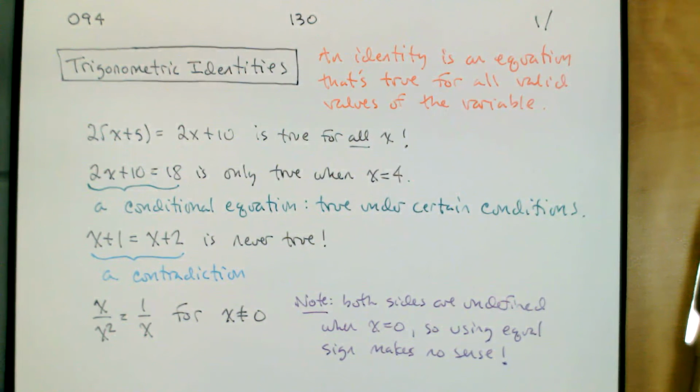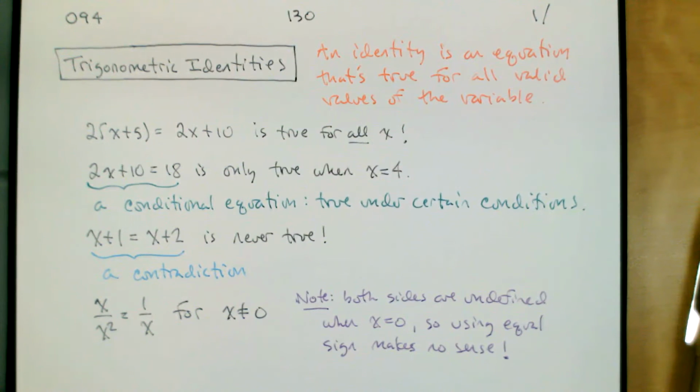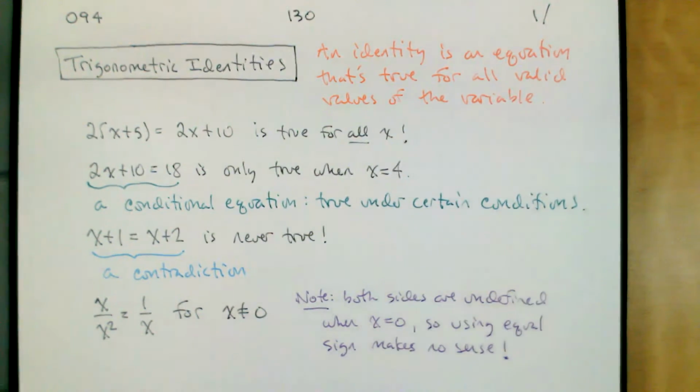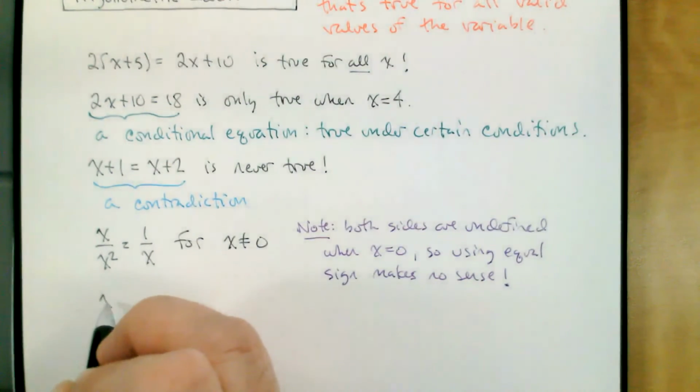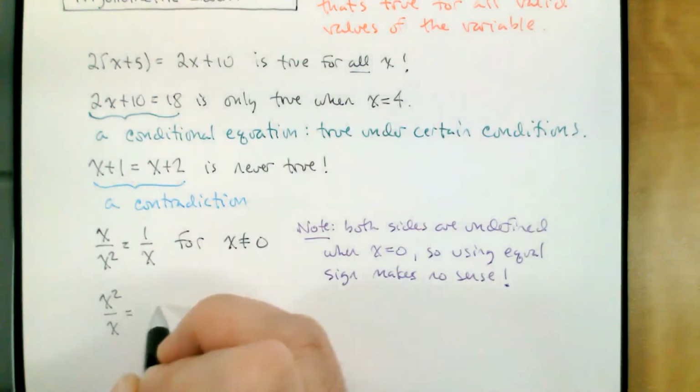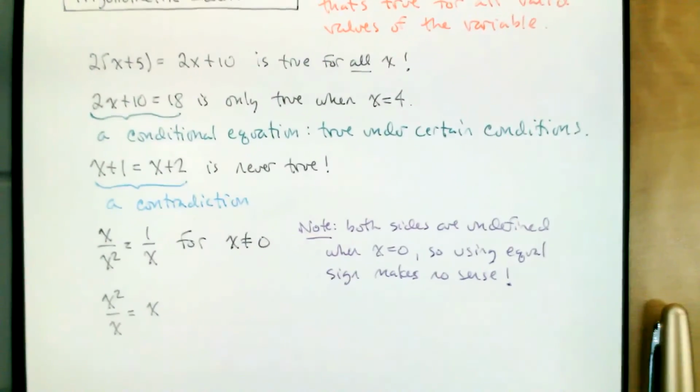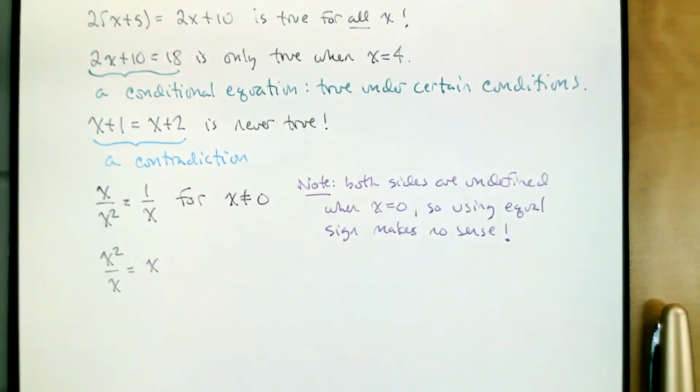This comes up a little bit in rational expressions. Sometimes we simplify things and we write equations that aren't always true. So for example, we will usually write x squared over x. We'll usually simplify this to x. But these expressions are not always equal. When x is equal to 0, the left side is undefined and the right side is 0. That can't be. But they're equal enough.